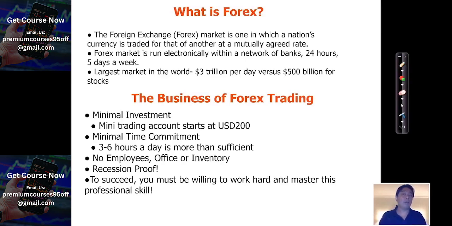And eventually, you can get retrenched or get a pay cut. But when you master the skill of trading, whether it's Forex trading or stock trading, it's a skill that can guarantee you an income for the rest of your life. All you need is a laptop, an internet connection, and the skills, that's it.